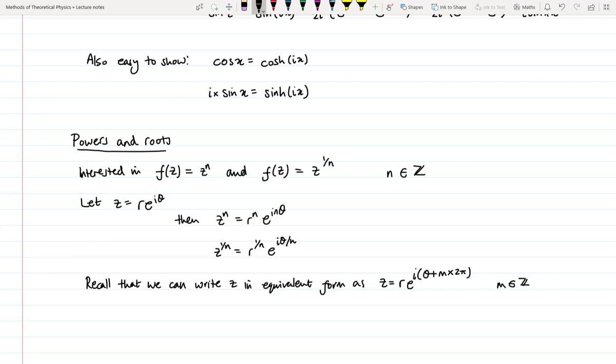And this came from the fact that if we rotate a complex number by an angle of 2 pi, we end up with exactly the same complex number that we started with. Now with this fact, we can then write that the nth root of z is given by r to the 1 over n times e to the i theta plus 2m pi over n.